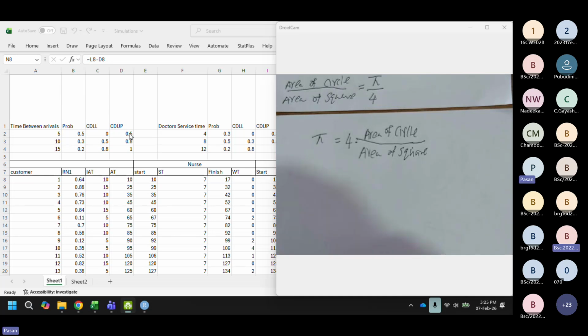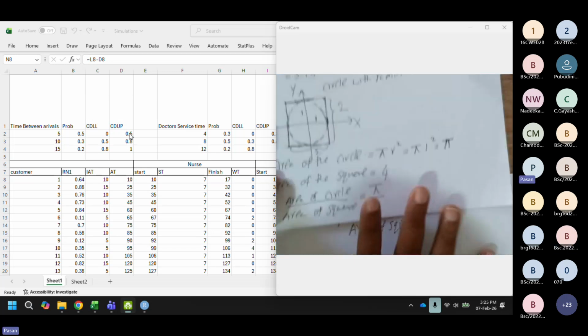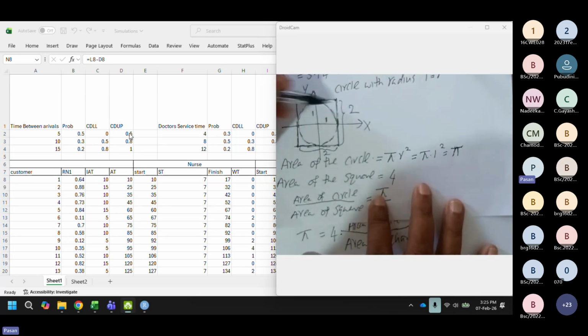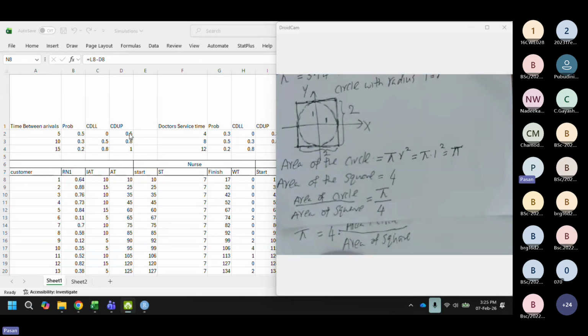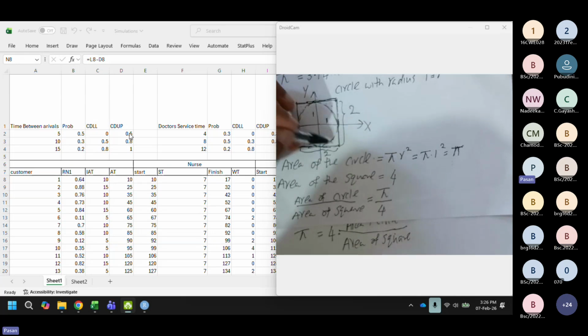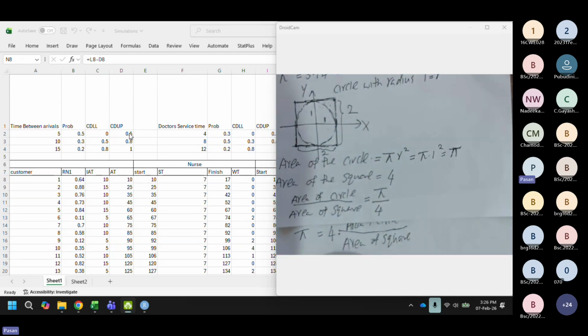Now if I take this one here, this suggests that in the Monte Carlo simulations, this particular concept is that we can consider each and every point here equally distributed, so the entire area is equally distributed.